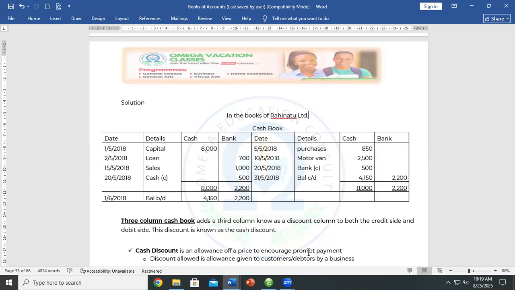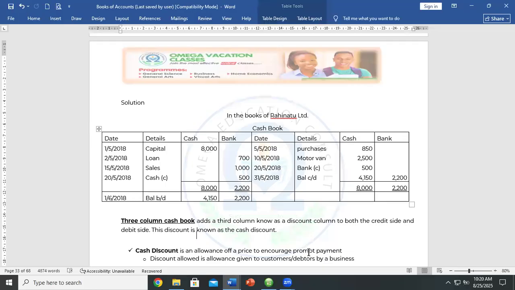But the cash discount is given when you are paying promptly. And the financial accountant acknowledges the cash discount. In other words, in the books of account, you see accounts for cash discount, namely discount allowed and discount received. The trade discount is only adjusted in the day books and it ends there. But for the cash discount, we open the discount allowed and discount received accounts and do the appropriate debit and credit.